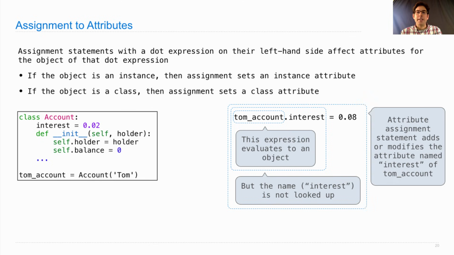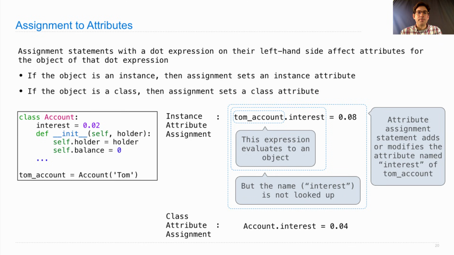So this is attribute assignment that adds or modifies the attribute named interest to the TomAccount. In this case, the instance didn't have an interest attribute before, and so the assignment statement will add one. That's an example of instance attribute assignment.